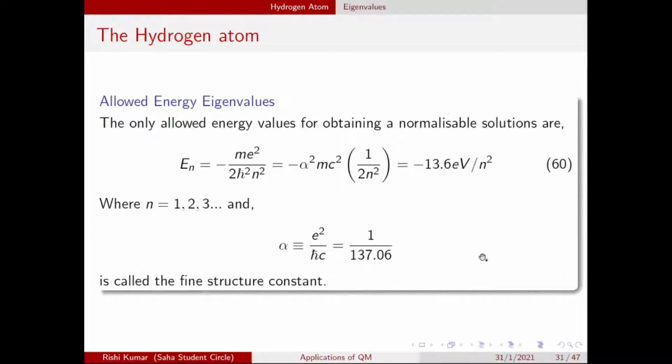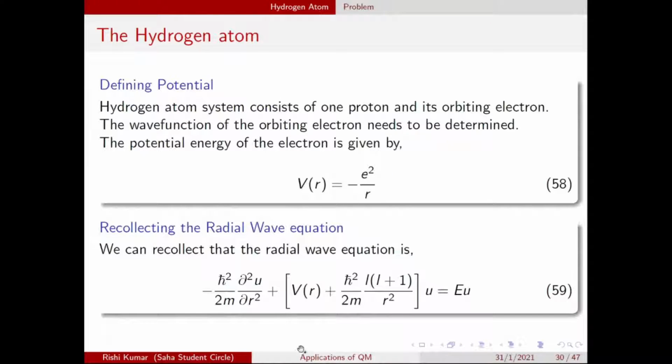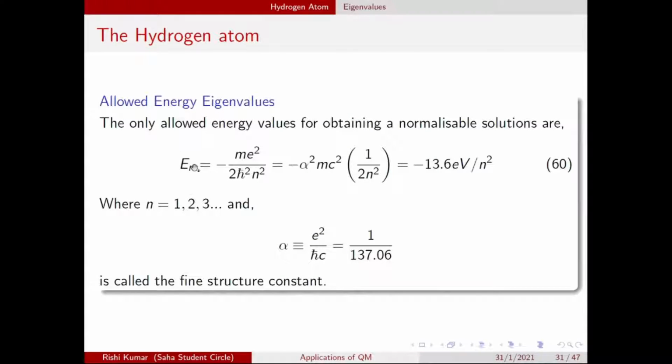So the allowed energy eigenvalues. How do we do this? It's a lot of calculations, but heuristically speaking, the only allowed energy values for obtaining a normalizable solution are En equals negative m e squared by 2 h bar squared n squared, which gives us this energy here, that is negative 13.6 electron volts, right?